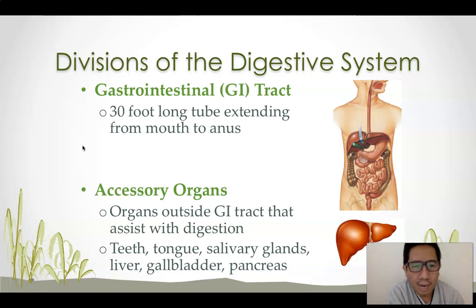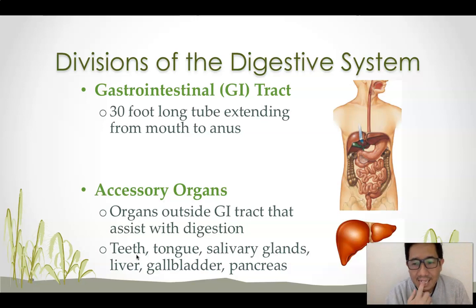So the GI tract is 30 feet long from mouth to butt. Accessory organs, key things to remember. This will be on your exam, so know this for sure. What are the accessory organs? If I ask you in an exam which of the following is or is not an accessory organ, you should be able to pick that out.